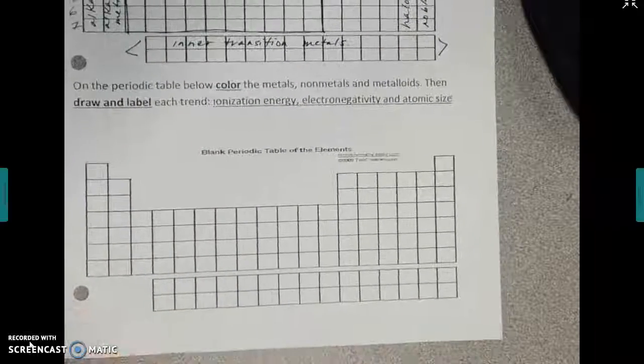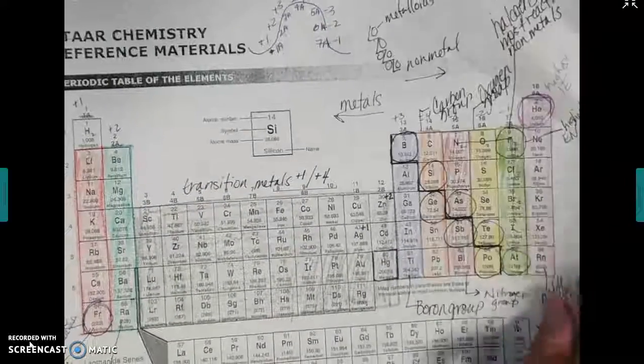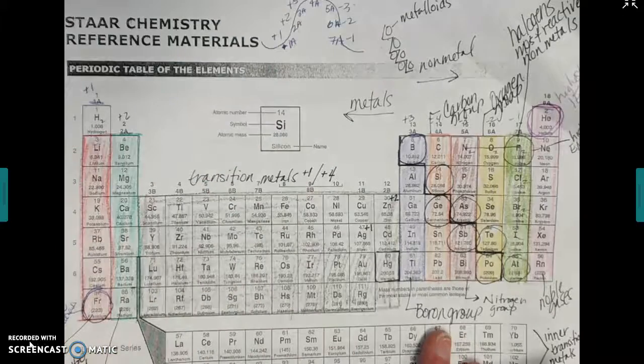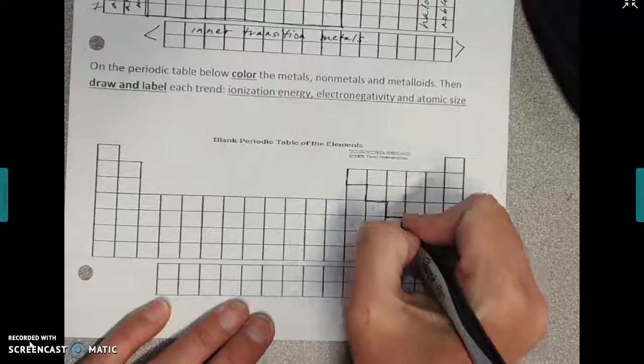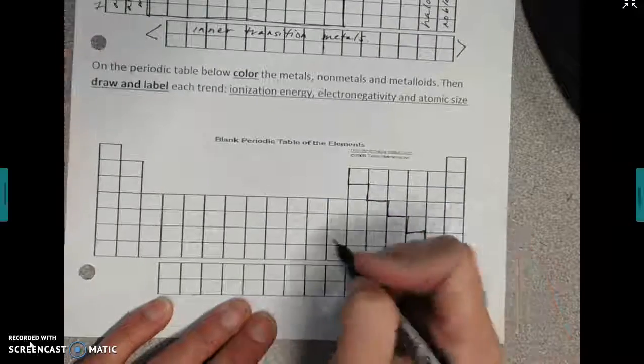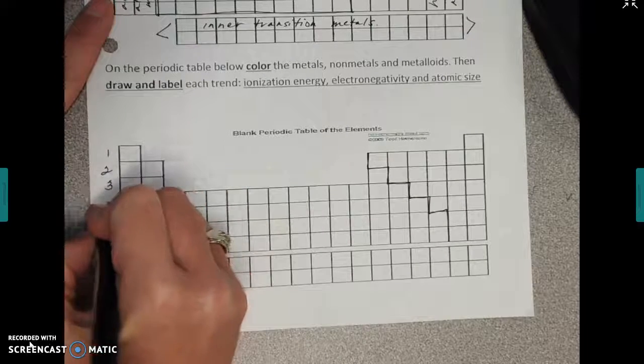All right, on the periodic table below, color the metals, nonmetals, and metalloids, and draw and label each trend. So your periodic table basically should look similar to this. Always start by drawing your zigzag line. Okay, and again, we're going to write the energy levels.